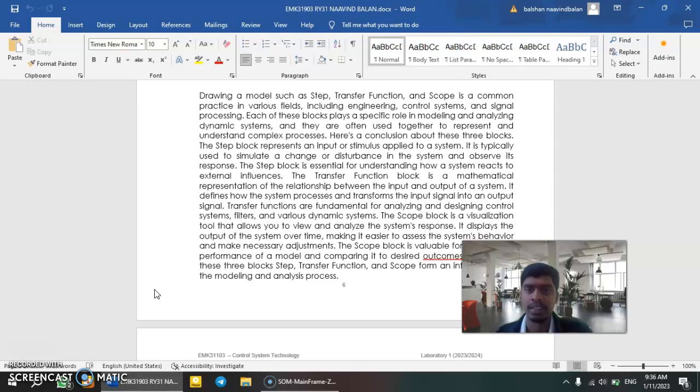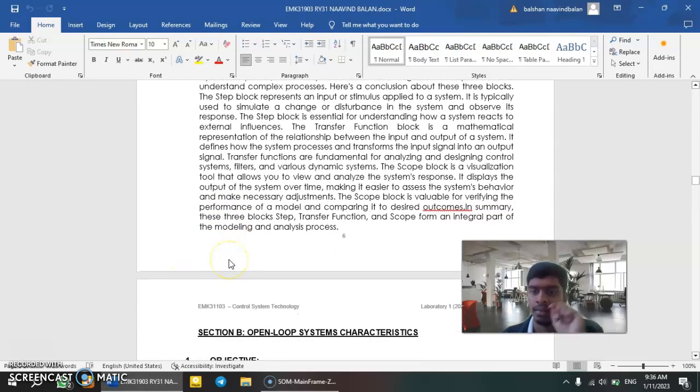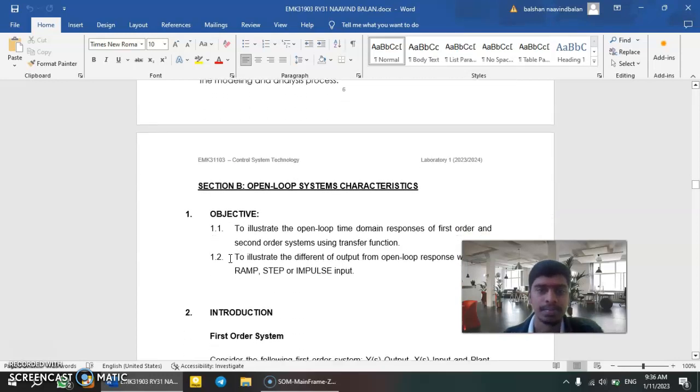The scope block is a visualization tool that allows us to view the system response and display the output of the system over time, making it easy to assess the system behavior and make necessary adjustments to the transfer functions.